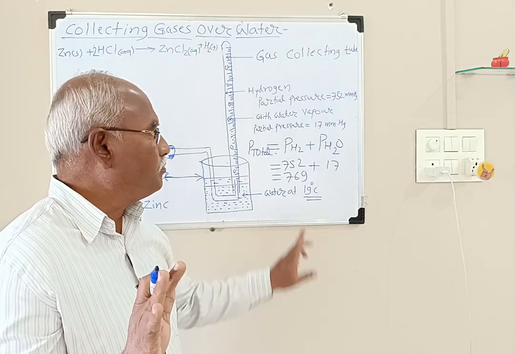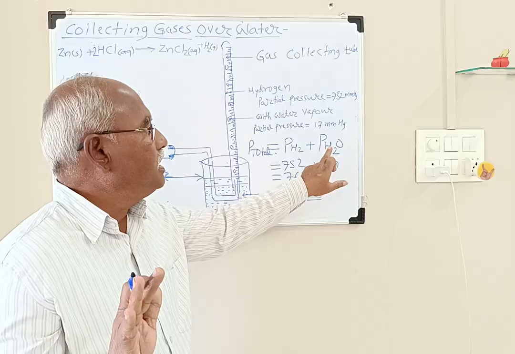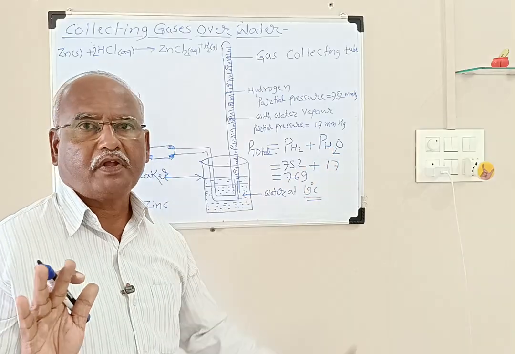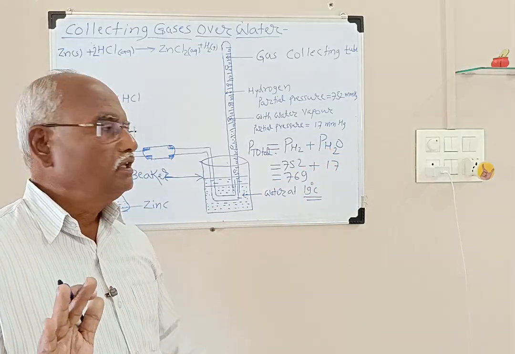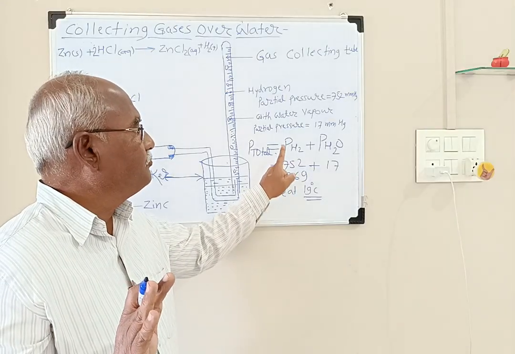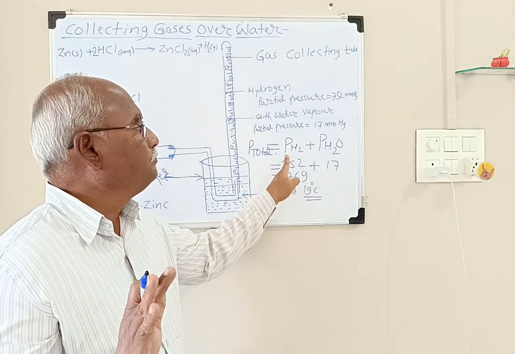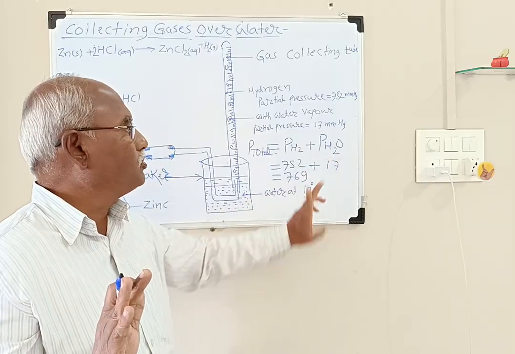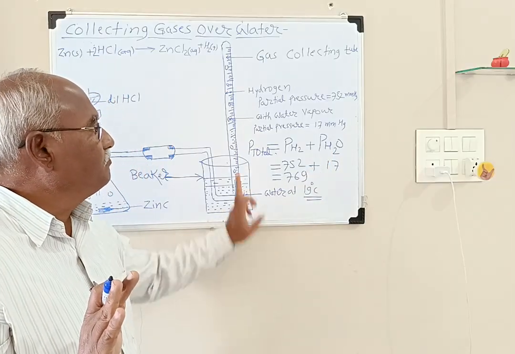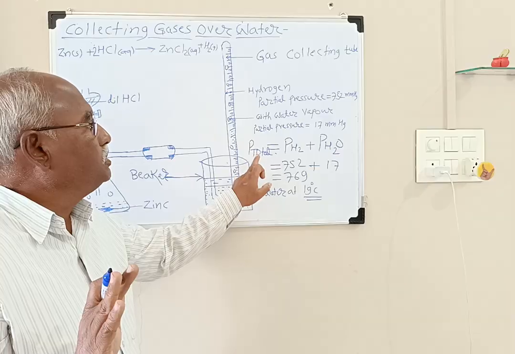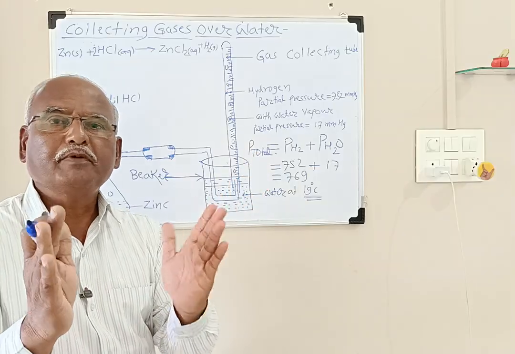The hydrogen which is collected is a mixture of hydrogen and water vapor. The sum of partial pressure of hydrogen and partial pressure of water is equal to the total pressure of the mixture.